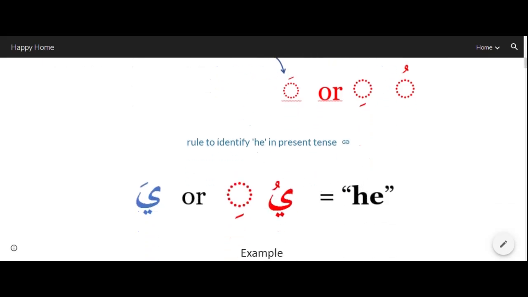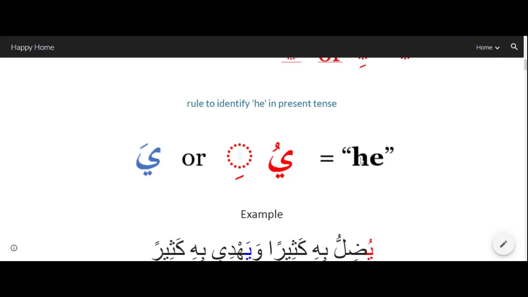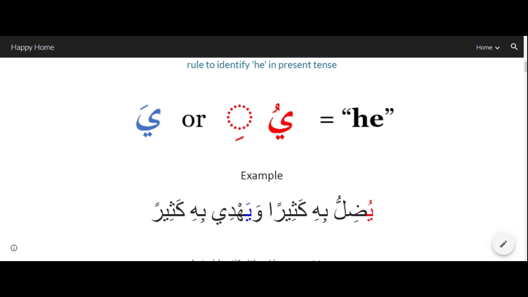So let us see how to identify "he" in the present tense. The first letter to identify "he" will be either Ya with a Fatah, or Dhamma and Kasra. For example, Yudillu bihi kathira wa yahdi bihi kathira.